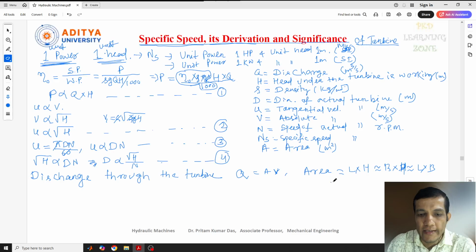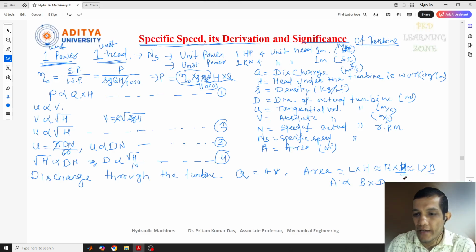So in the area term I can write, A is directly proportional to, suppose we consider H and B, or depth and breadth. On behalf of H, I can take D also, there is no issue. So area is directly proportional to B into depth, because we have considered the width and depth there.